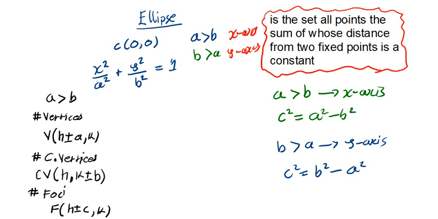So if you have your B being greater than your A, it's just going to be opposite.